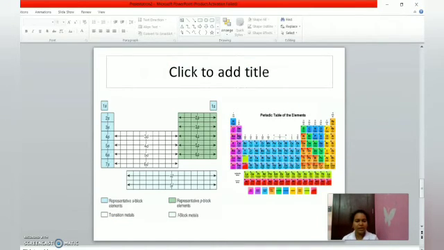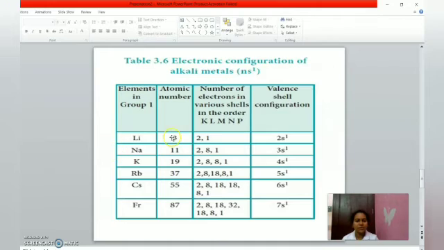And if you check here, these are all first group elements. So how can we classify the elements in a group? If you check their valence electronic configuration, it will be the same. If certain elements have the same valence electronic configuration, they will be in one group.